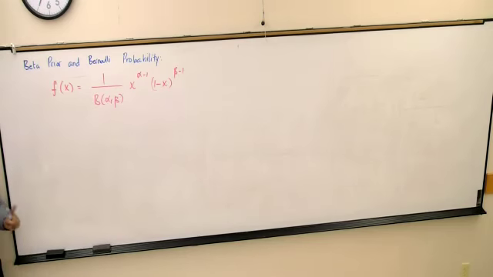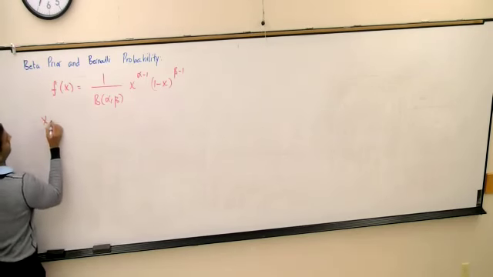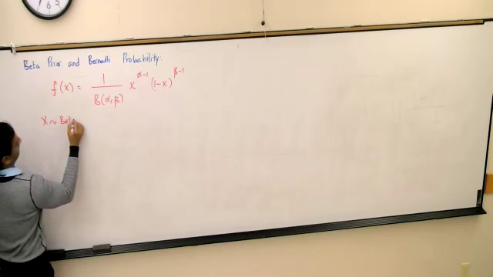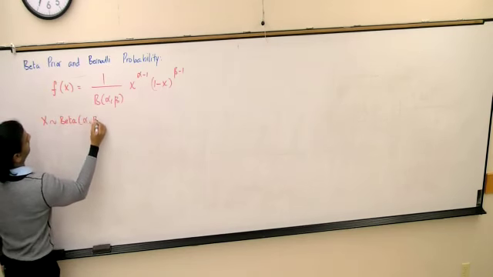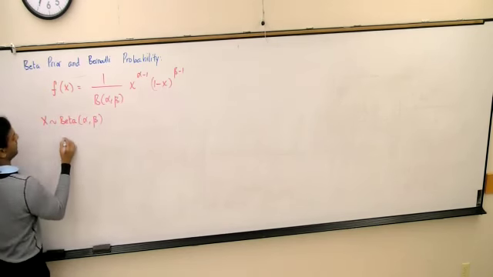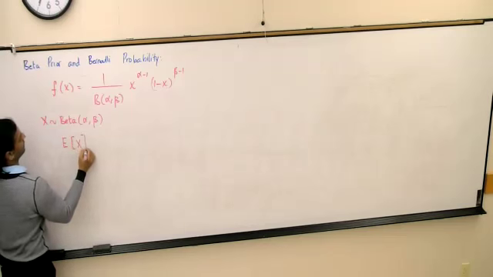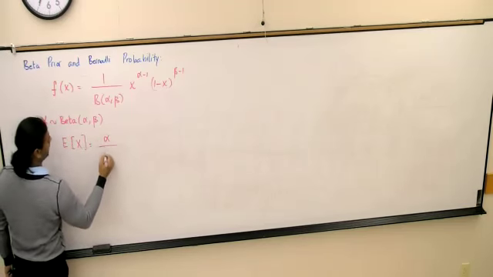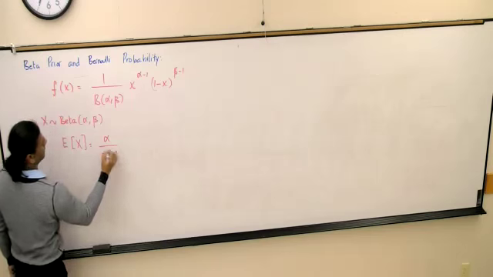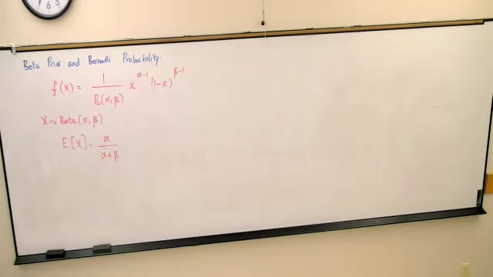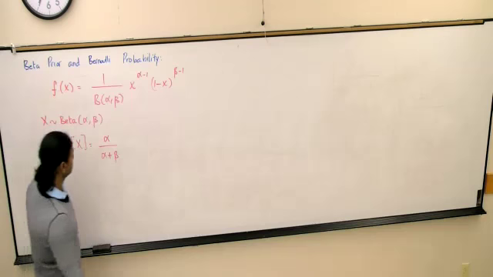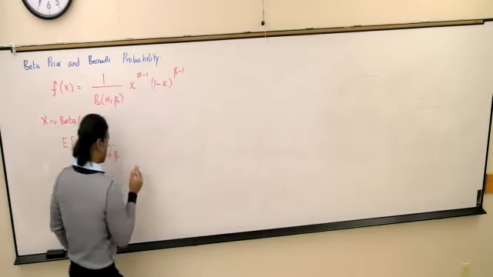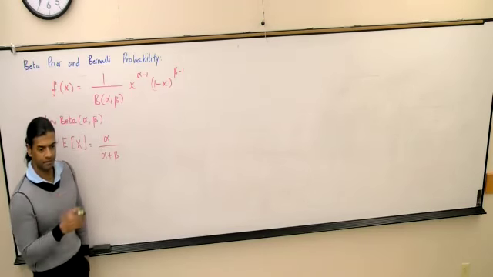Now, what is the expectation of a beta distribution? You'll have to remind us. The expectation of beta is alpha over alpha plus beta. Expectation is nothing but the theoretical mean.